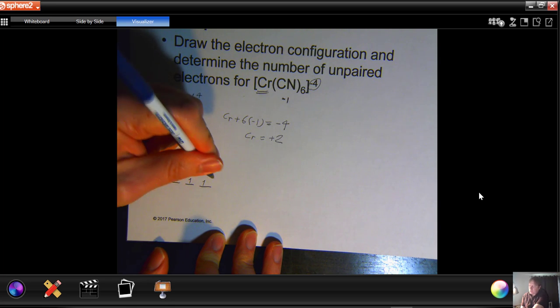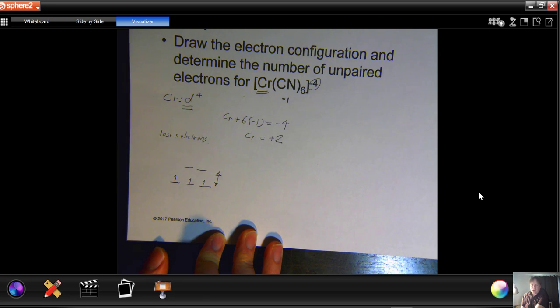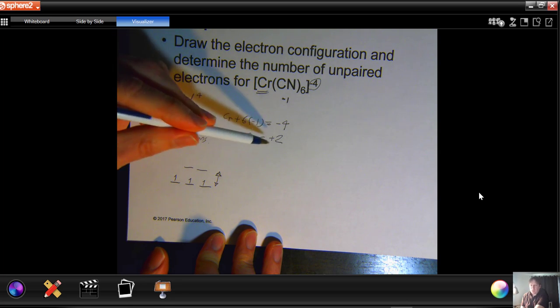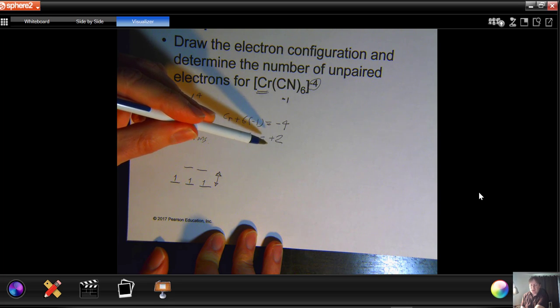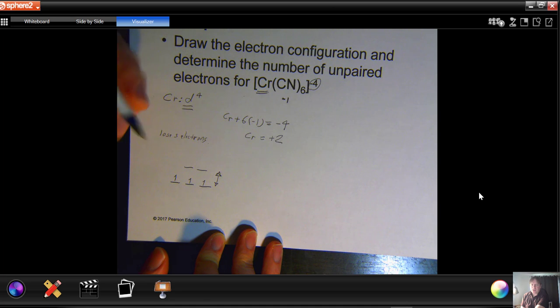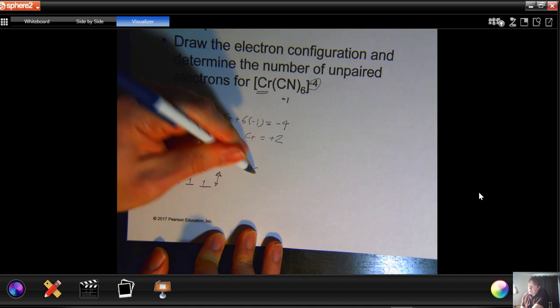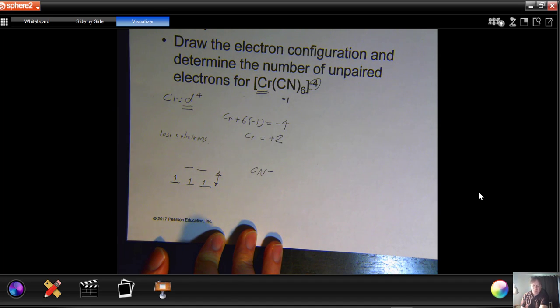And to decide that, we have to decide how big that gap is. Is that a small gap or is that a big gap? So the few things we have to base that on, we look at the charge. It's a plus 2 charge. That's not a big charge. So that's probably not going to determine whether that's big or small. The other thing we have is that we have a cyanide ion.